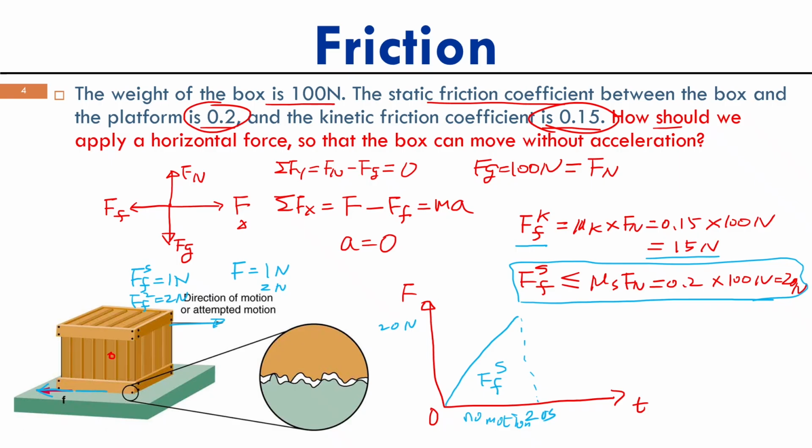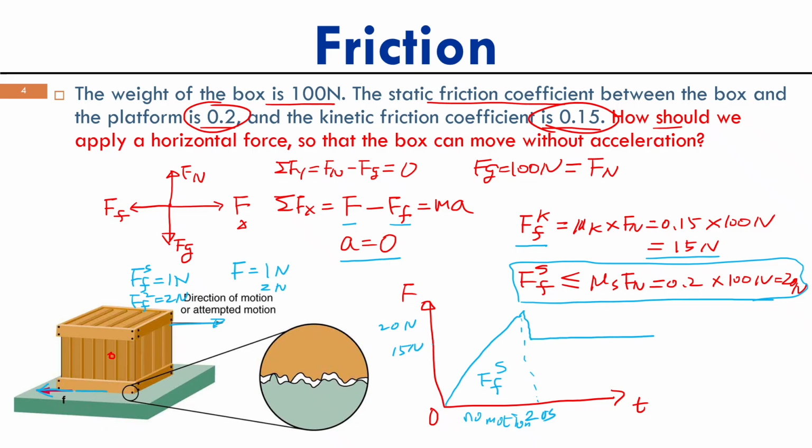So in order for the acceleration to be 0, I've got to make sure my applied force is the same as my friction force. That means once my force is slightly above 20 Newton and it becomes kinetic friction, I should lower my force to 15 Newton, and I hold 15 Newton afterwards.